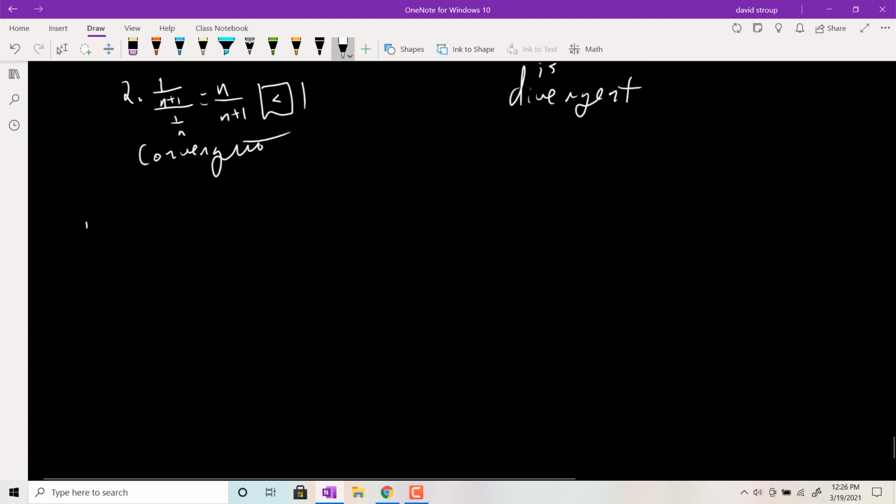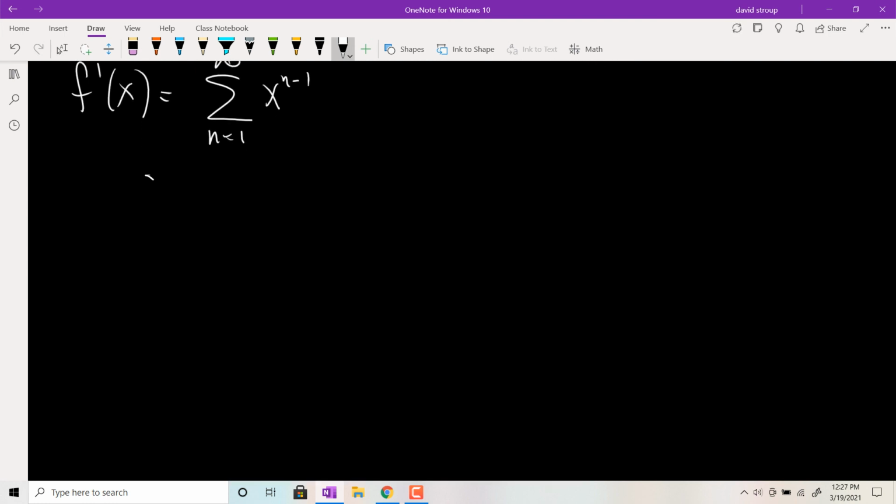Okay, let's look at f prime of x, which of course was the sum from n equals 1 to infinity of x to the n minus 1. We don't need to go through the ratio test again, right? Because, as I said, the radius of convergence will not change. It's only those endpoints. So all we have to do is check it at x equals negative 1, and then at x equals positive 1.